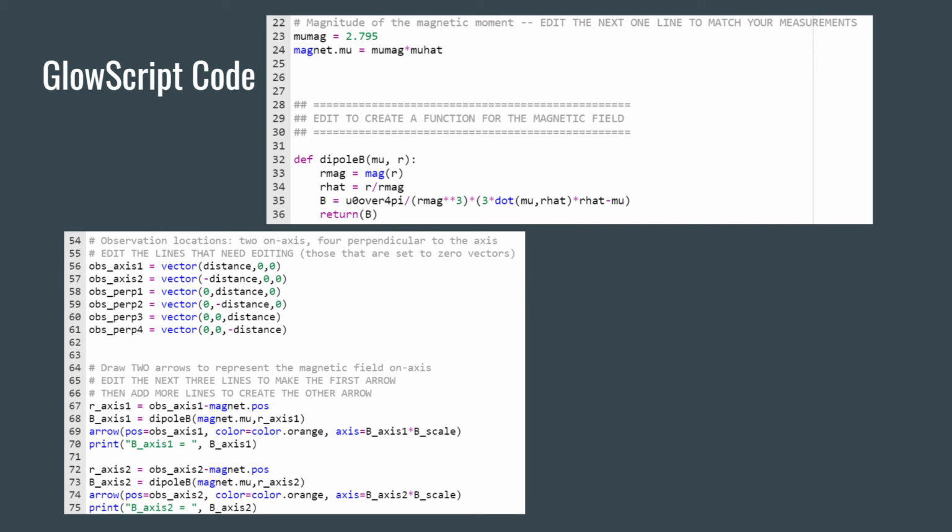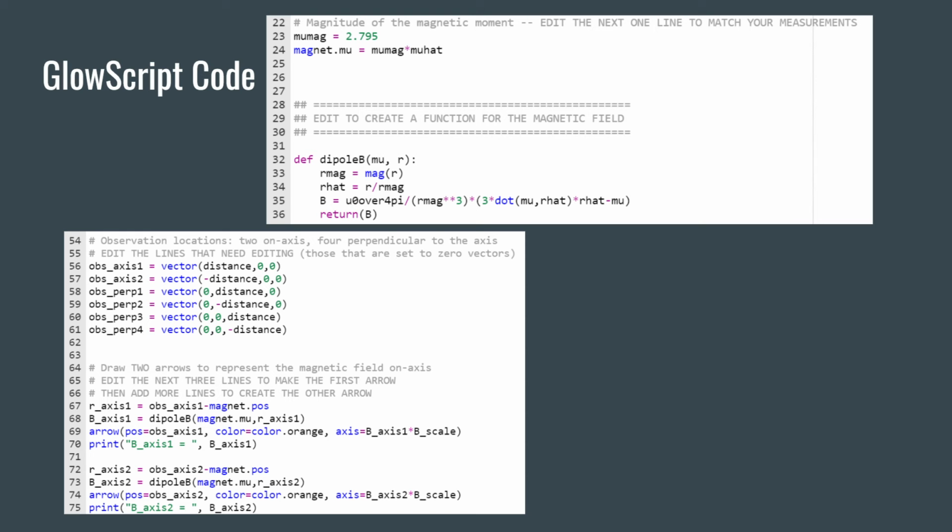And so, as I said earlier, I used a starter code and uploaded it to GlowScript, and I edited some key values. First, I edited, of course, the mu magnitude, which is 2.795. I also edited the function for the magnetic field, as you see, from lines 32 to 36.